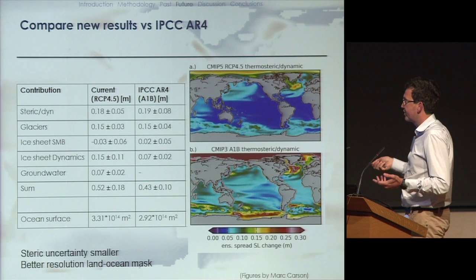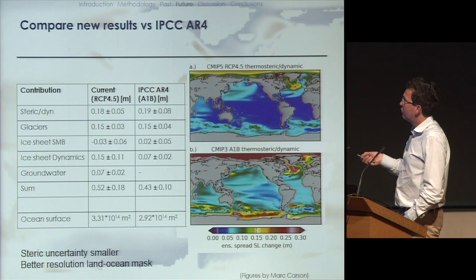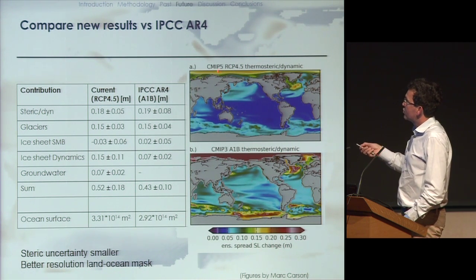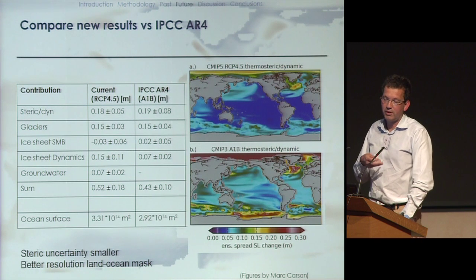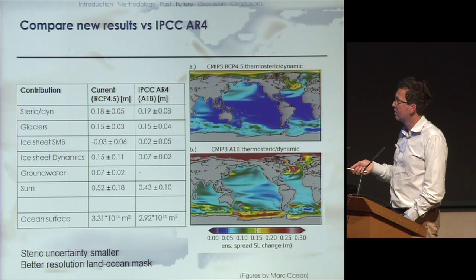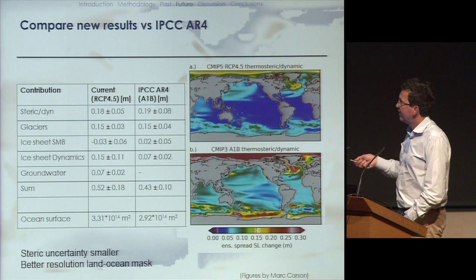So we can consider that maybe as an improvement of climate models, but there is still a considerable spread in the Arctic Ocean, where models will vary quite a bit.